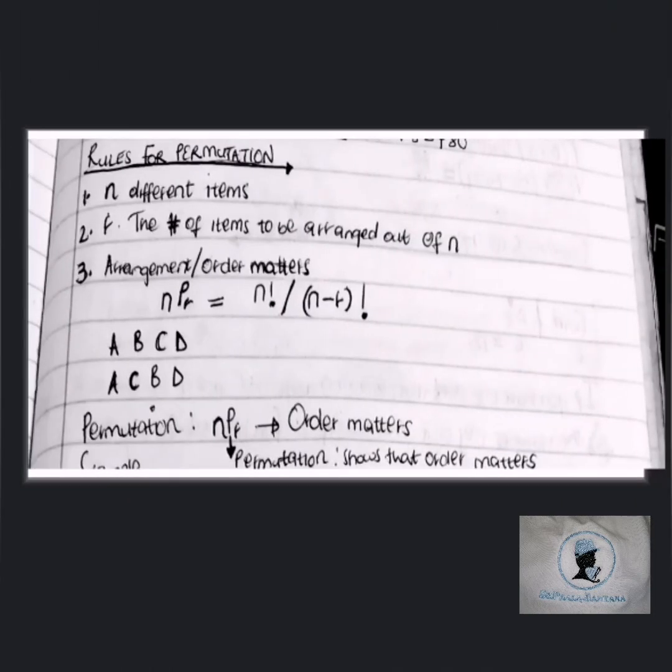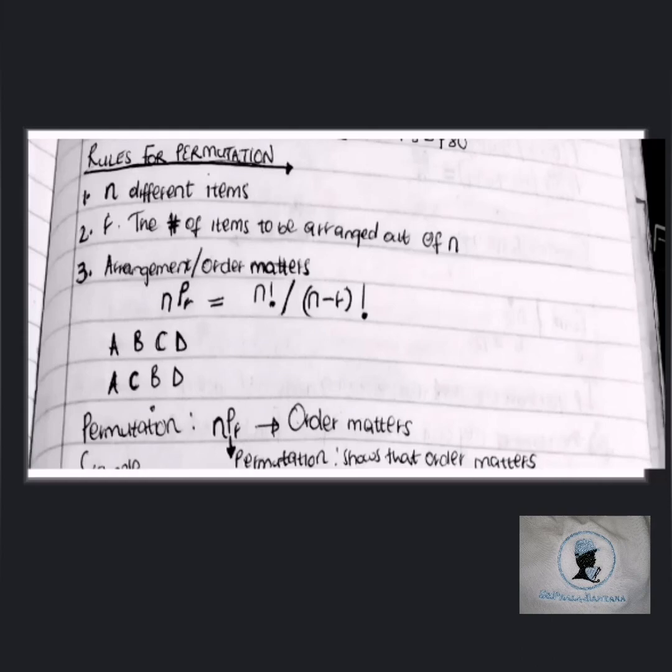So here I just wrote rules for permutation. I don't know what they call those steps. Most of the time we have n different items, and R is the number of items to be arranged out of the n different items.